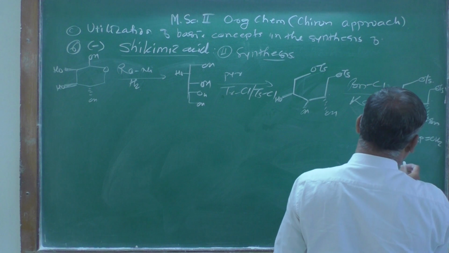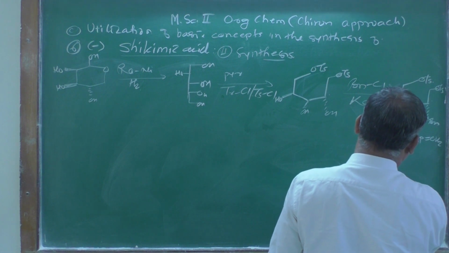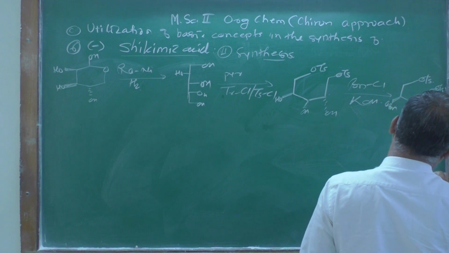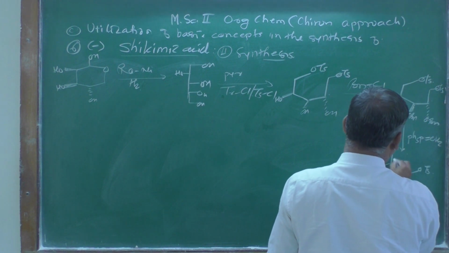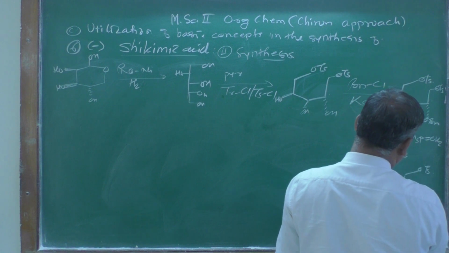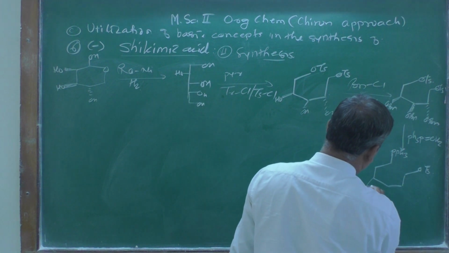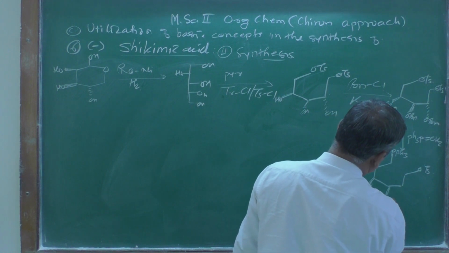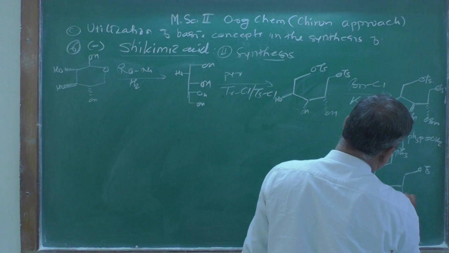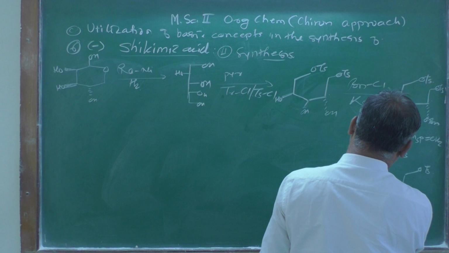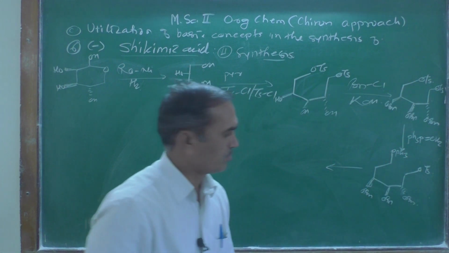What will it do? It will remove this OTS, it is a controlled reaction with one TS, and here Ph3P, that is the compound we are going to get there, and the other things remain as they are, OBn, here also OBn, another one here dashed OBn, that is what we have got there.